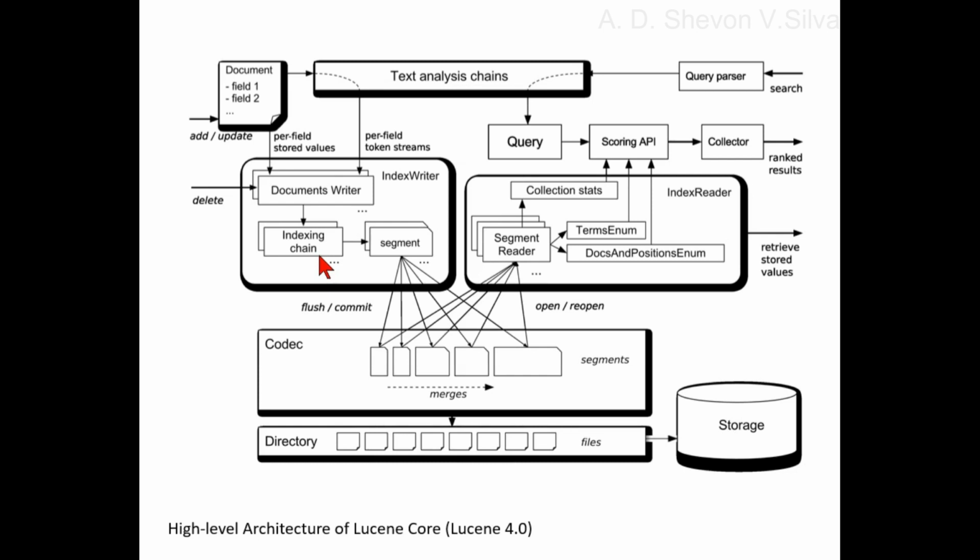The term values don't have to be UTF-8 strings as in versions before Lucene 4.0. Lucene 4.0 fully supports arbitrary byte array values as terms and can use custom comparators to define the sorting order of such terms.